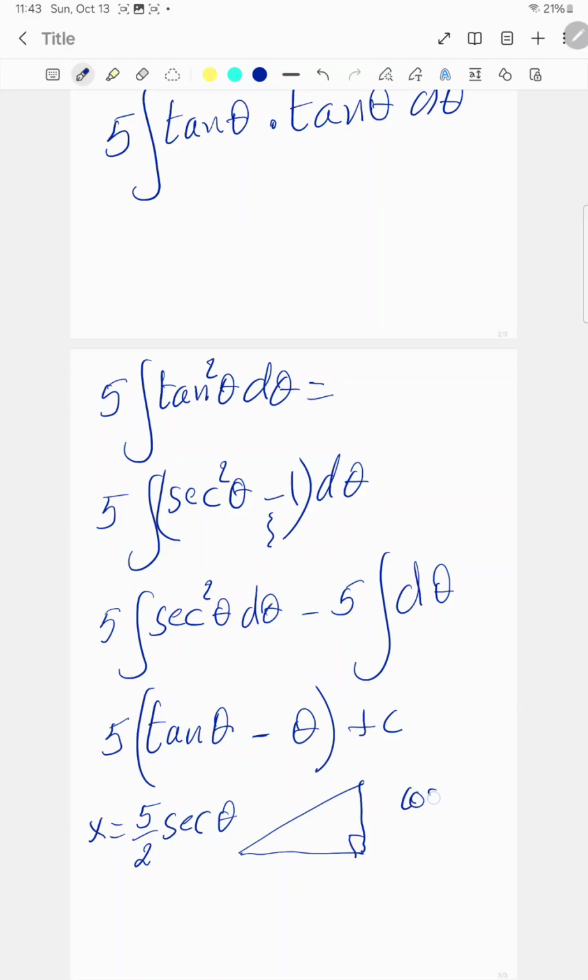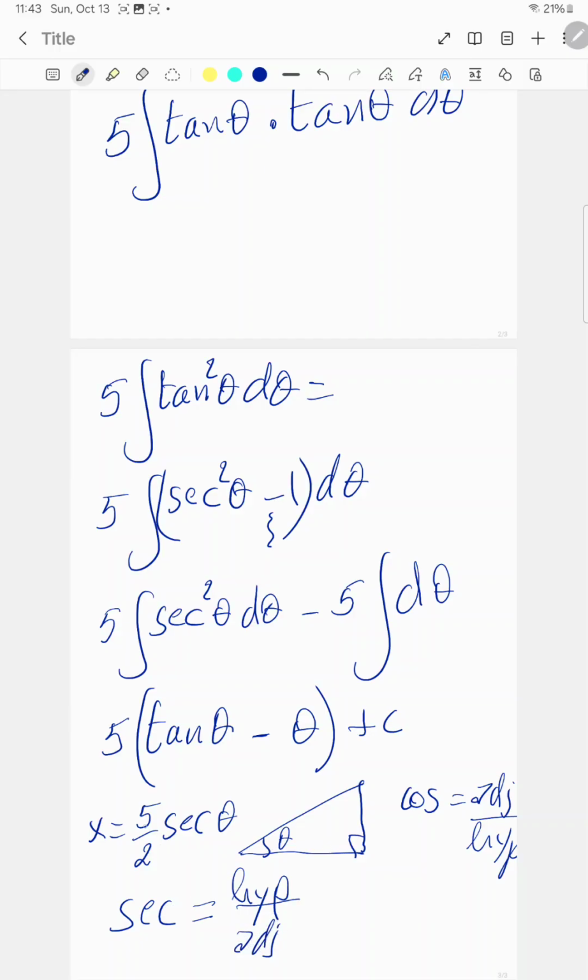I know the cosine is adjacent divided by hypotenuse, where that's my theta. So the sec, which is 1 over cosine, is equal to hypotenuse divided by adjacent.